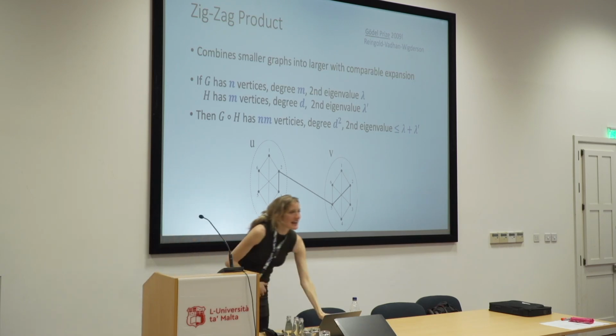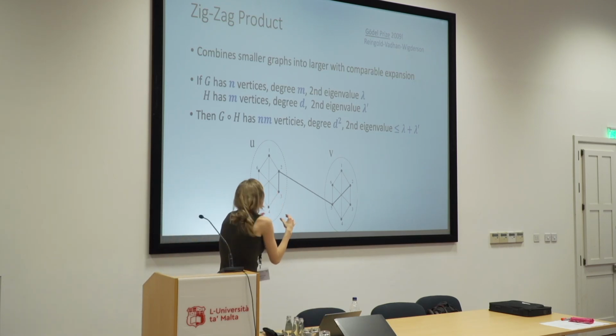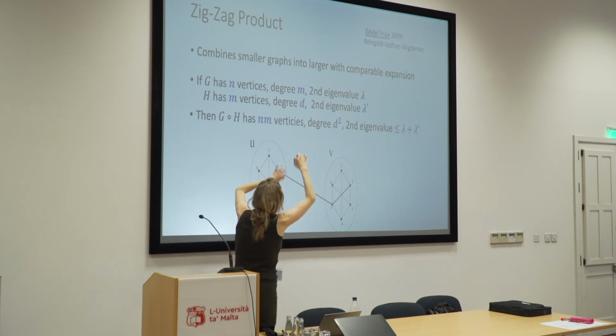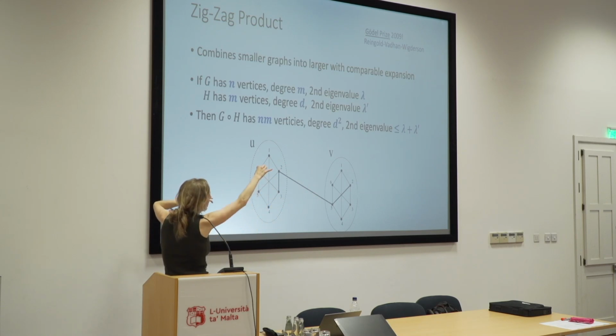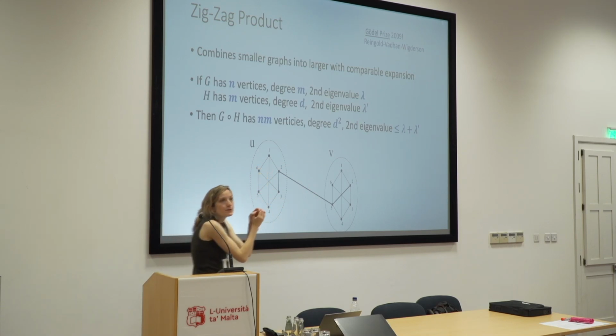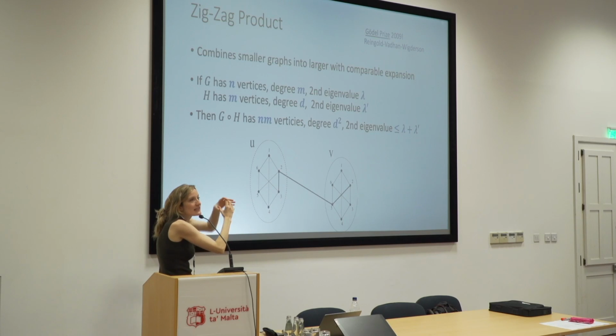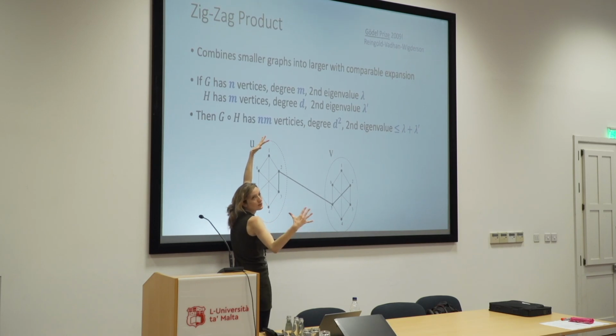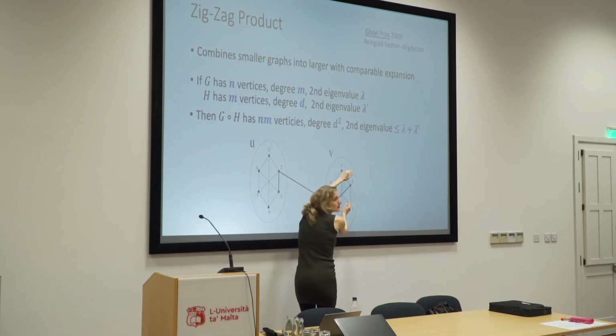Okay, so what is this operation? Think about H as this outside graph. I have vertices in this graph, and each of these vertices I'm going to expand out. So this was some u in the original graph, this was some vertex v.